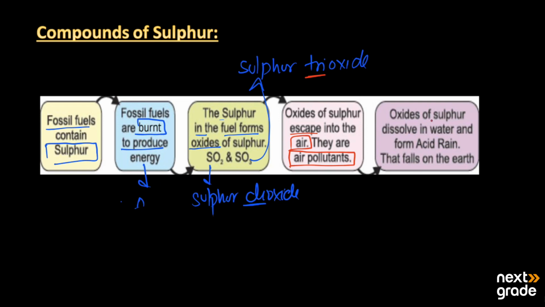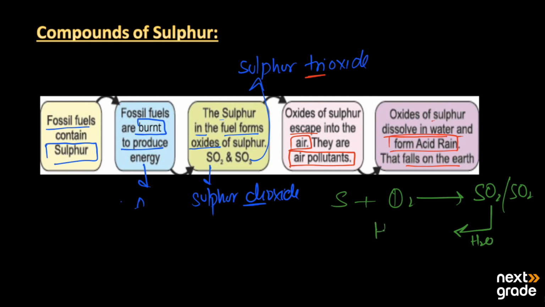After that, these oxides of sulfur, when dissolved in water, form acid rain that falls on the earth's surface. First, the sulfur burns with oxygen and produces sulfur dioxide or sulfur trioxide. After that, it reacts with water and produces sulfuric acid, H2SO4.